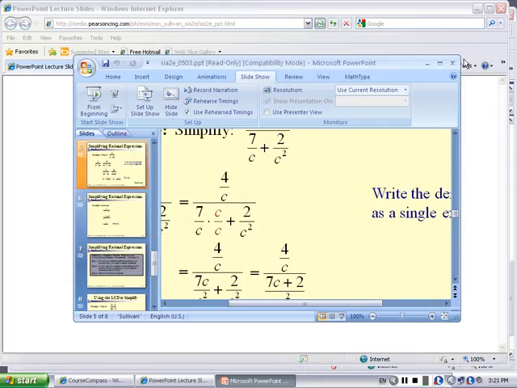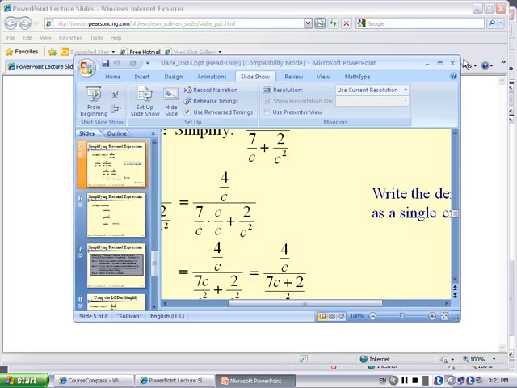Using the distributive property, plus 2 over c squared times c squared. Do you know what I'm doing? Now 7 over c times c squared, you get 7c.